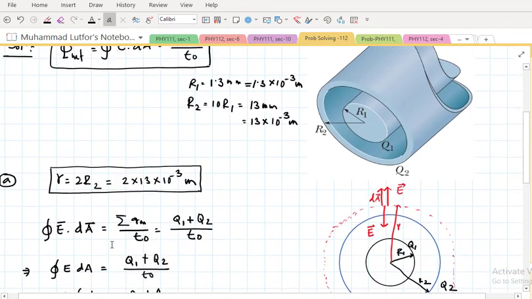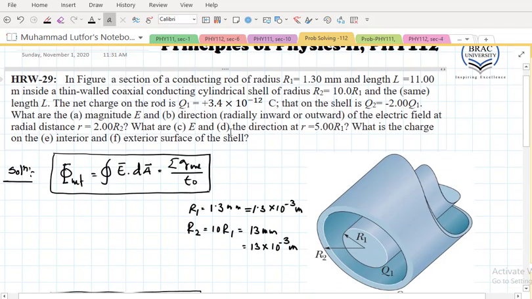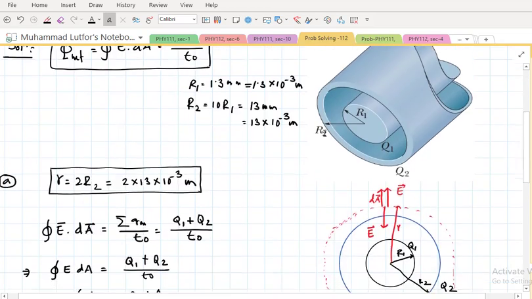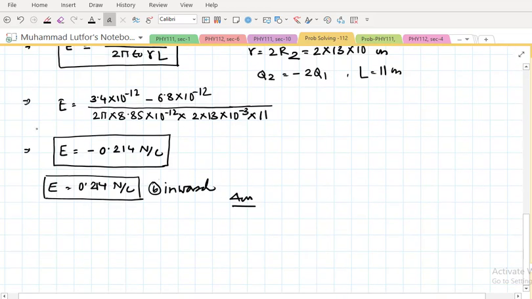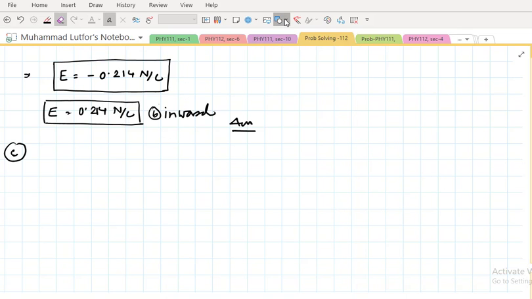Now in C and D, they ask you what would be the direction and the magnitude of the electric field if the Gaussian surface is equal to 5r1. So this is the case for C, electric field.